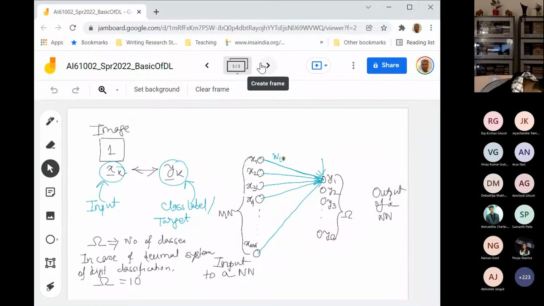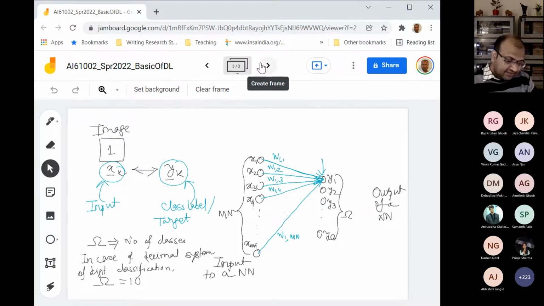The second link is written as W1,2. The third is written as W1,3. Then W1,4. Likewise, this one is written as W1,MN. Okay. So remember something.